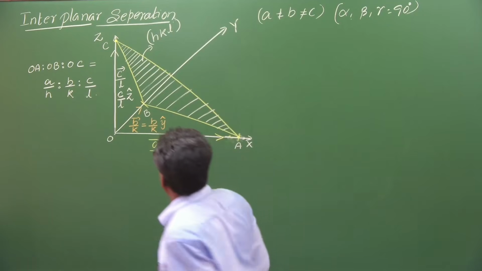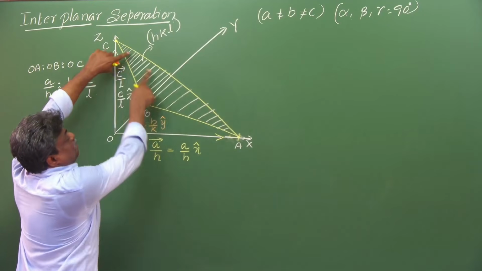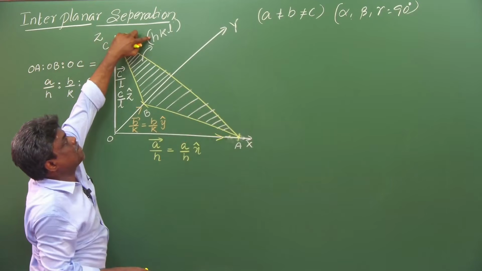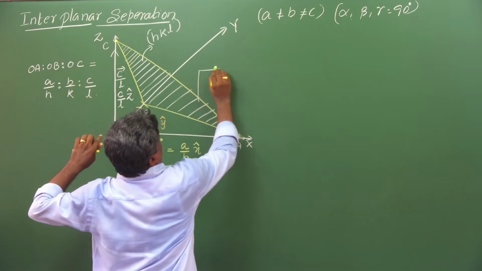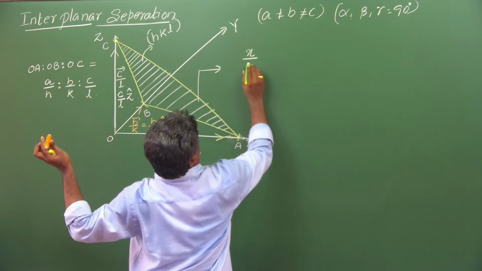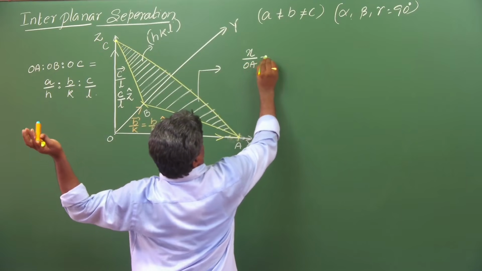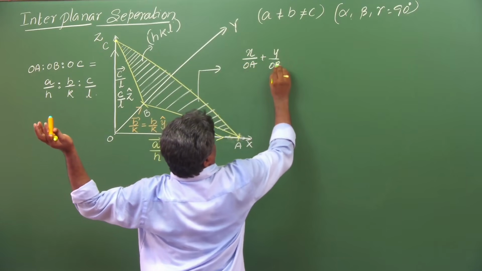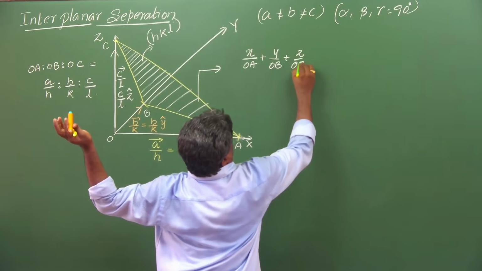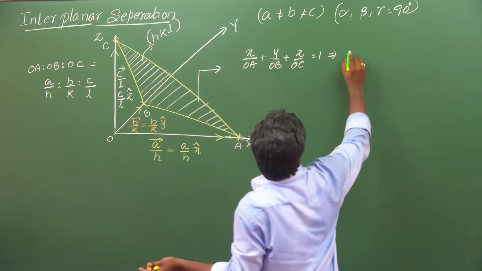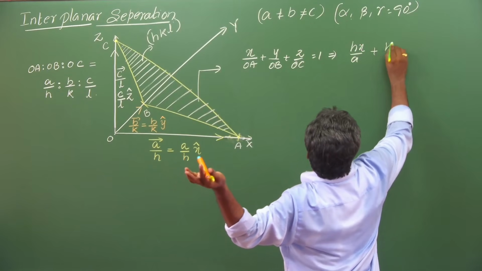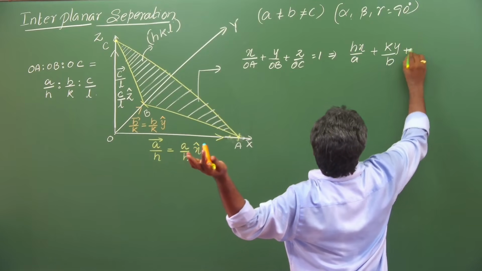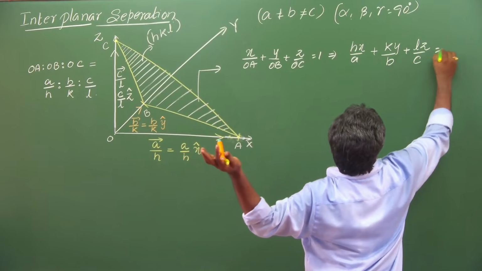I will explain. Everyone, now this is the plane which is represented by Miller indices H, K, L. That's why the plane equation from the beginning onwards we are saying x by OA plus y by OB plus z by OC equal to 1, that implies hx by A plus ky by B plus lz by C equals 1.